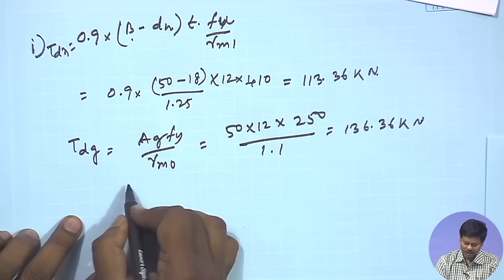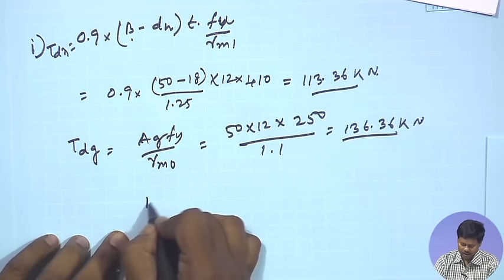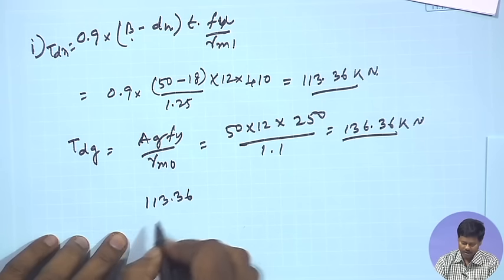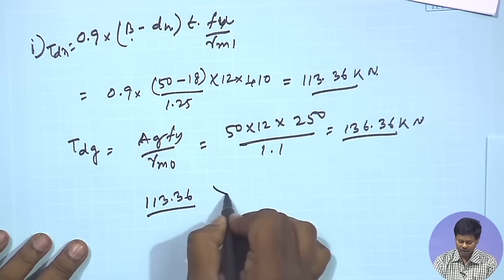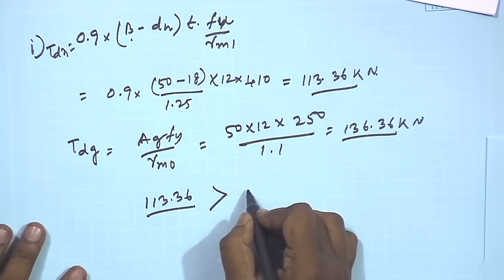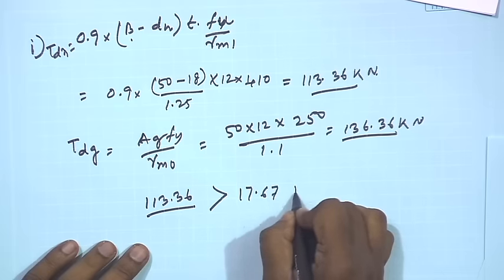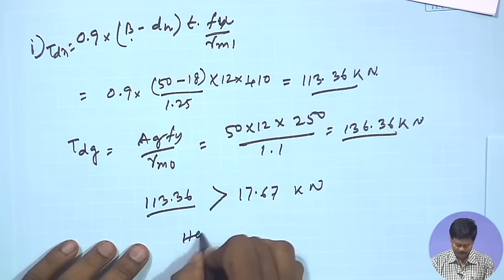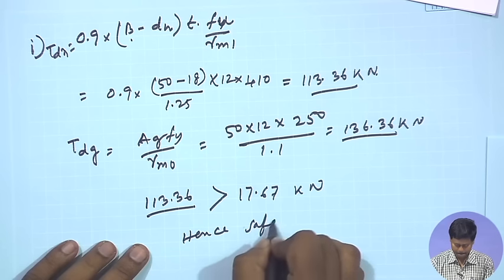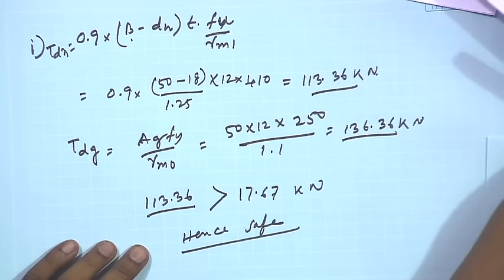So, the design tensile strength will be the minimum of these two, which is 113.36 kilonewton, and this is more than the axial tension or compression coming on the lacing bar, that is 17.67. So, hence safe, right. So, this is how we can find out.